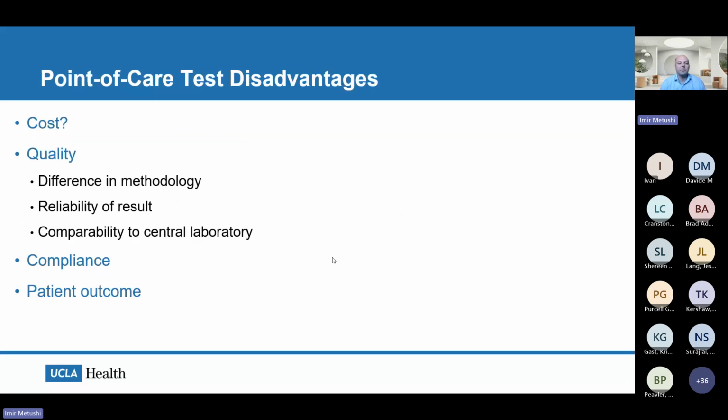But like I said, on a per test basis, these are not cheaper, so that could be seen as a disadvantage sometimes. And some challenges with this testing are that there are usually differences in methodologies between this type of point of care device and the central laboratory.